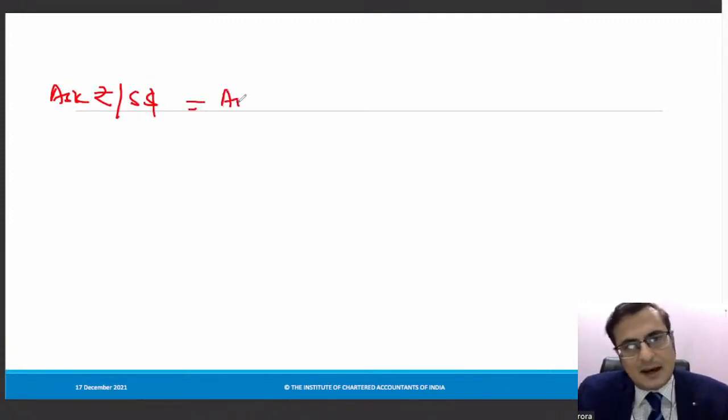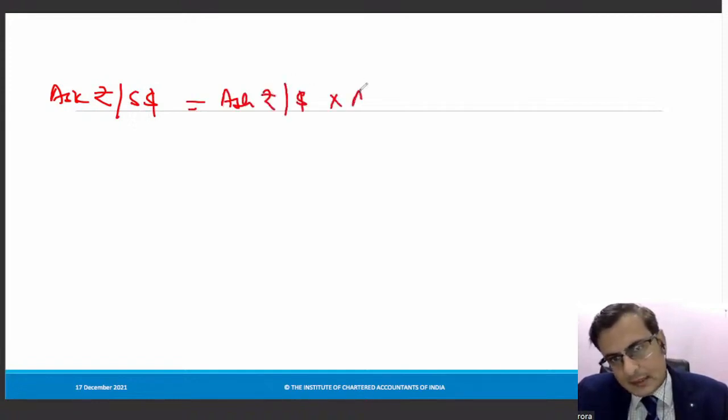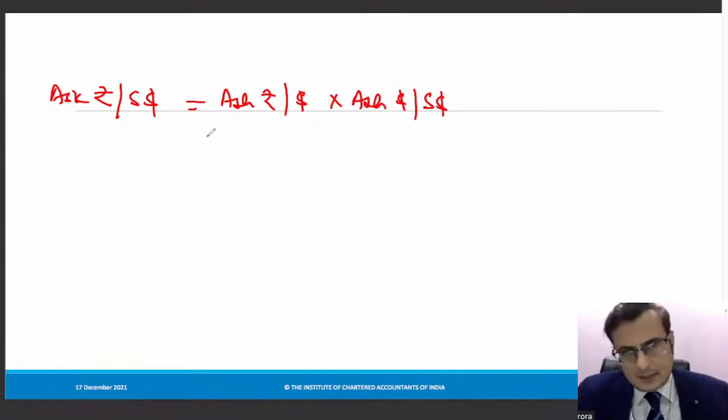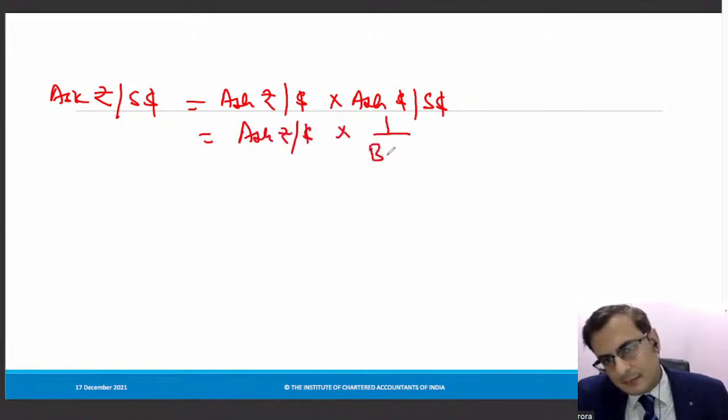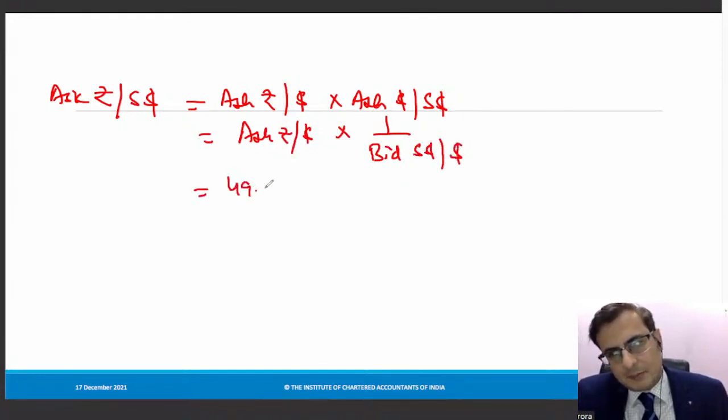We have done ask INR by dollars by Singapore dollars. So ask 49.38 and the premium.